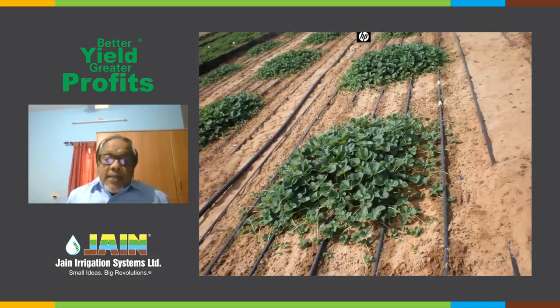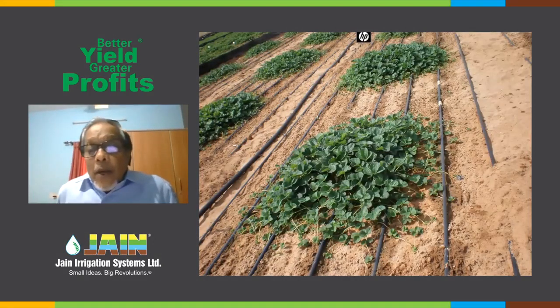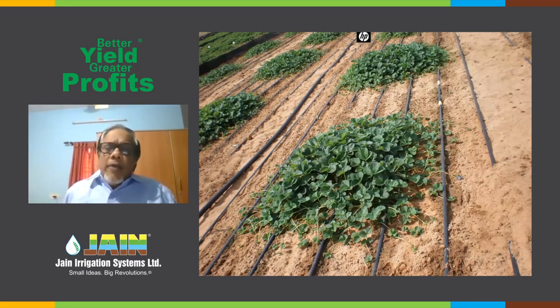This is a case, I won't say which country it is from. Look at that. This is more of a sandy soil, but even here placing drip lines so close is not necessary.